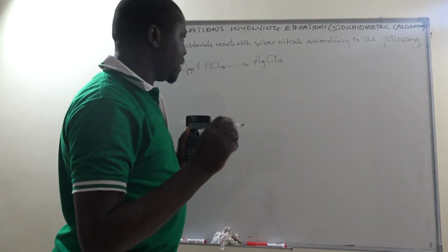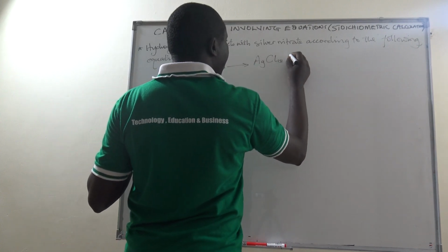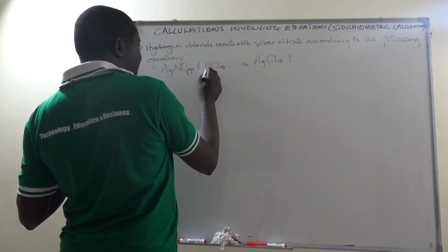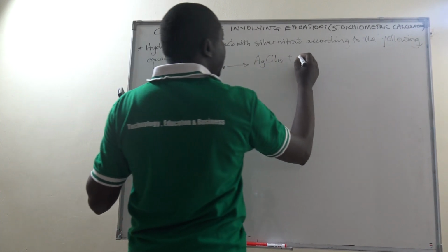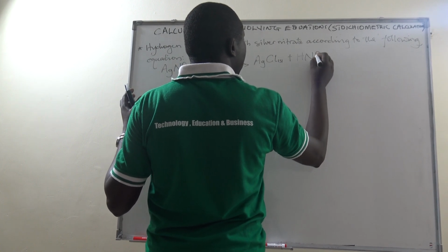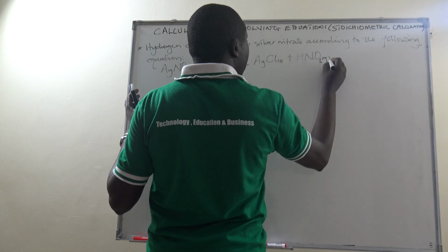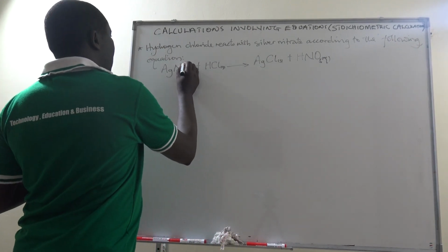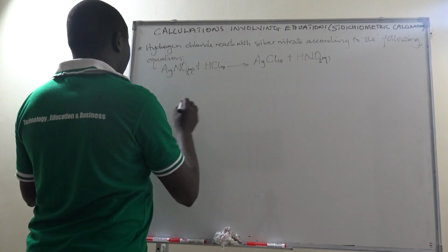It will be precipitated together with it. So if this one combines with this, what will remain with it? The hydrogen ion and the nitrate ion, producing nitric acid. So the equation is self-balanced. According to what we can see, it is self-balanced.